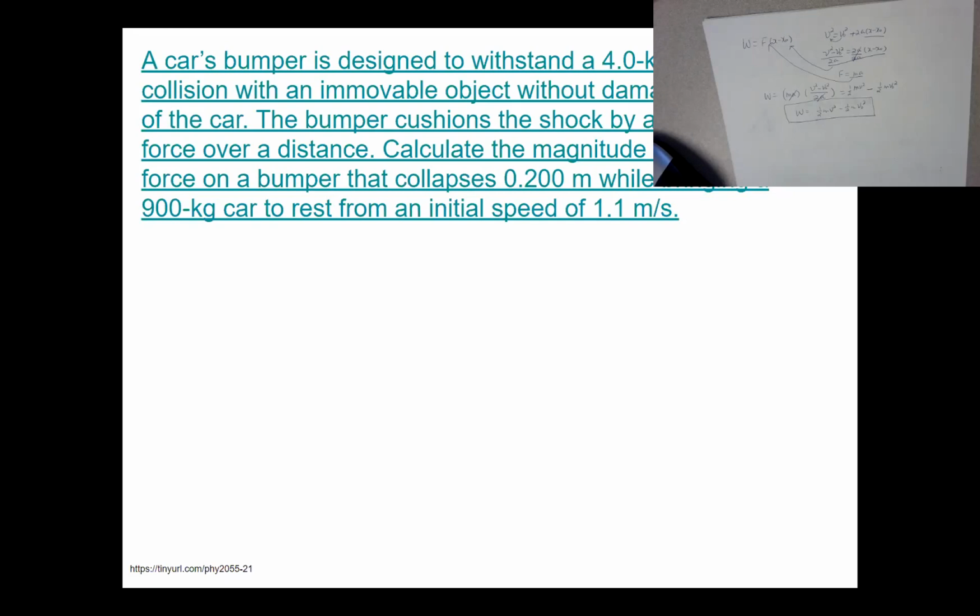The bumper cushions the shock by absorbing the force over a distance. Calculate the magnitude of the average force on a bumper that collapses 0.2 meters while bringing a 900 kilogram car to rest from an initial speed of 1.1 meters per second.